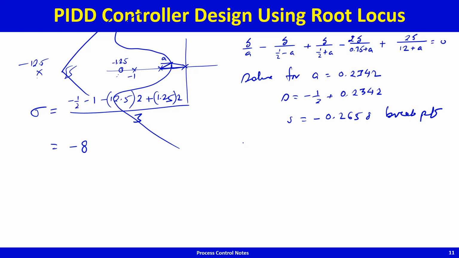And Kc turns out to be 1 by the G open loop magnitude calculated at S equal to minus 0.2658, and if you do the necessary calculations, this turns out to be 0.56, 0.50 at the breakpoint. Kc at the breakpoint.